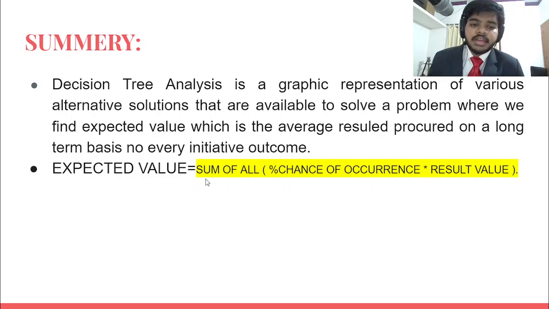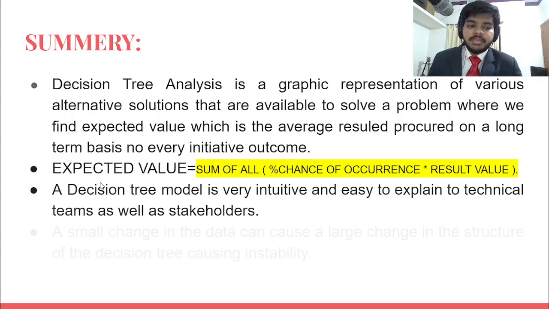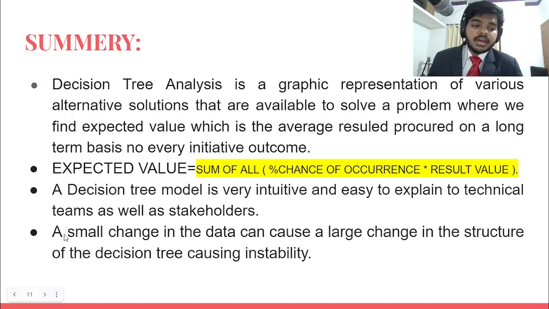The expected value is the sum of the percentage of chance of occurrence multiplied by the resultant value of the occurrence. It's easy to explain to both technical and non-technical people, but on the other hand, even small changes in the data itself might lead to instability and cause large changes to the structure.